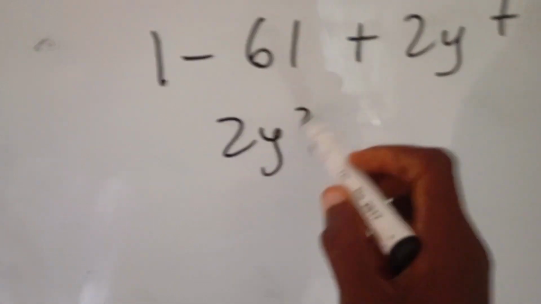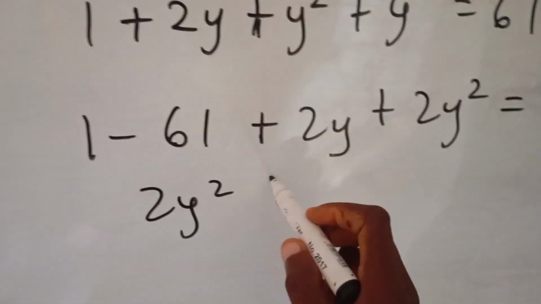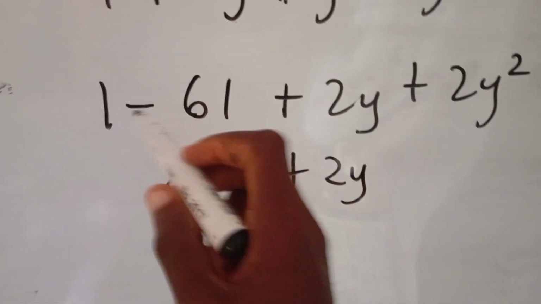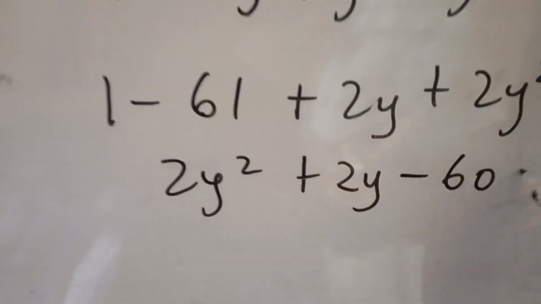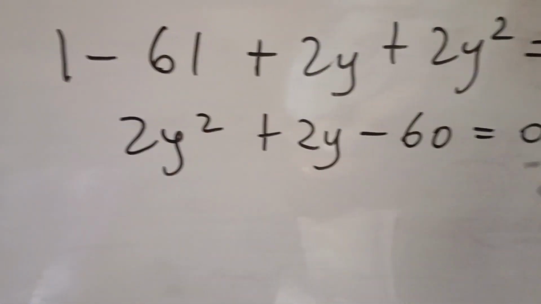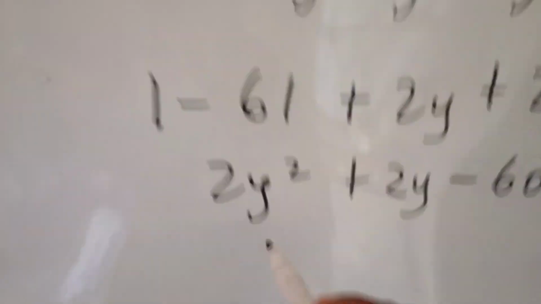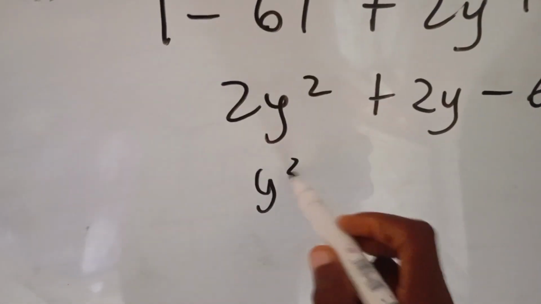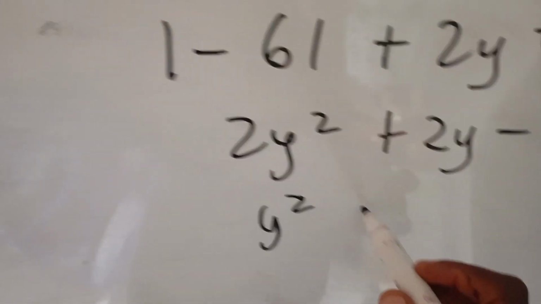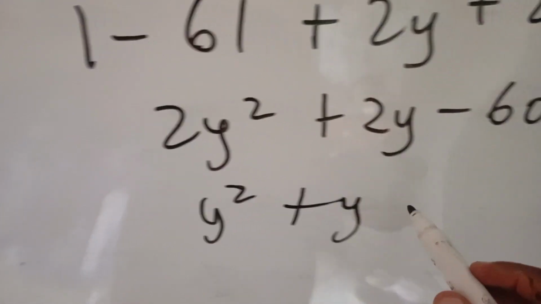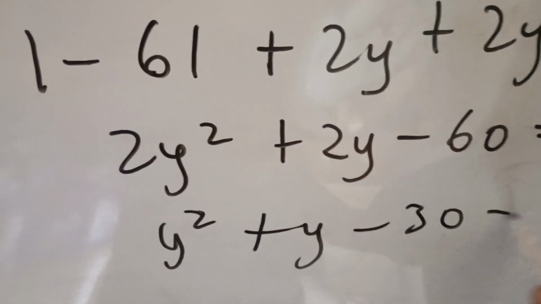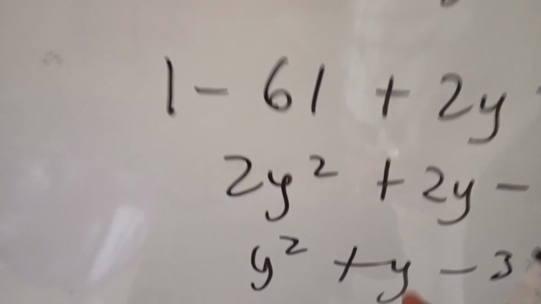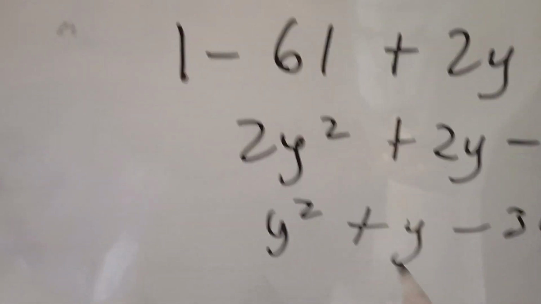This would be 2y squared plus 2y minus 60 equals 0. Everything here is a multiple of 2, so we'll break that down by dividing through by 2, equal to 0. Now we have to factorize this.